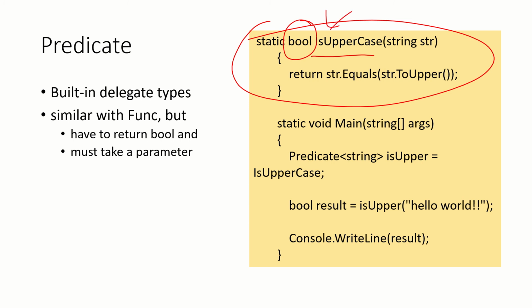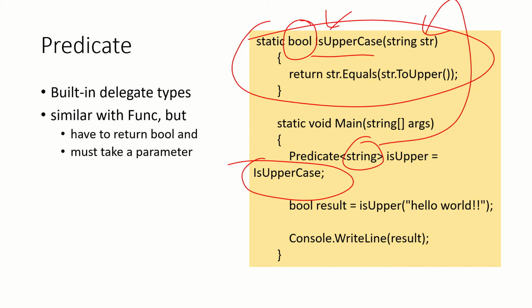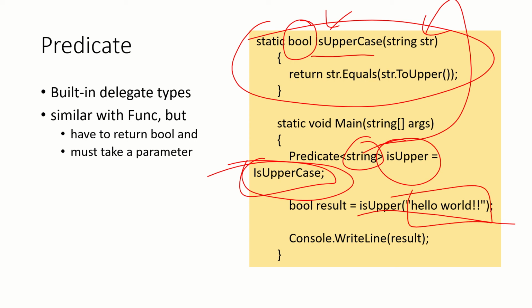So once we use that, the only thing we need to do is first match this method's parameter, then assign this method there. Once you call this delegate name, put it there.